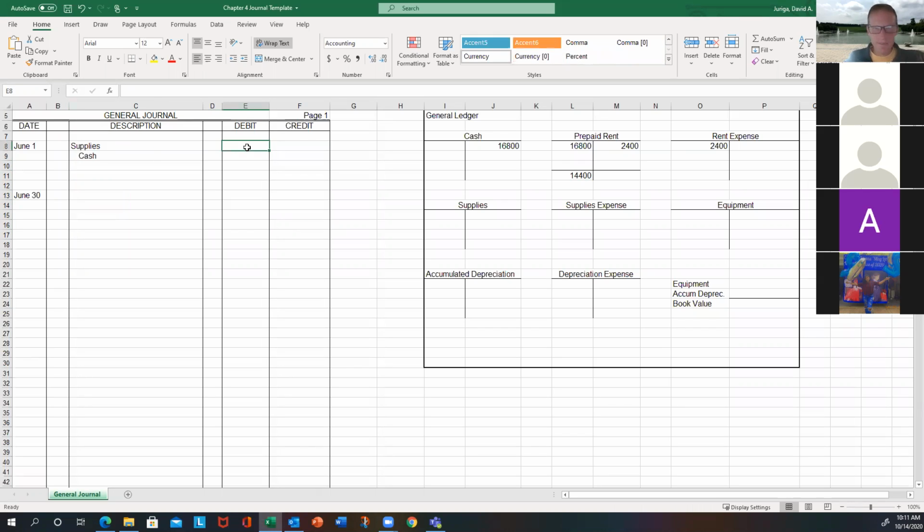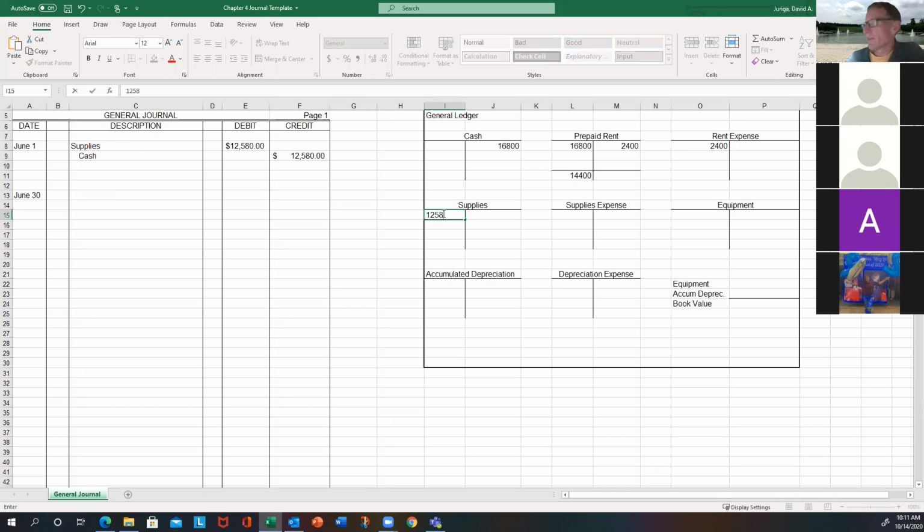So supplies, and the amount is $12,580 debit, and then $12,580 credit. Again, this is something that you would have just done in Chapter 4. You would have entered it into the Connect homework, something very similar to this. And then if we go ahead and then post, supplies gets a posting of $12,580 debit, and of course we'll just credit cash $12,580.